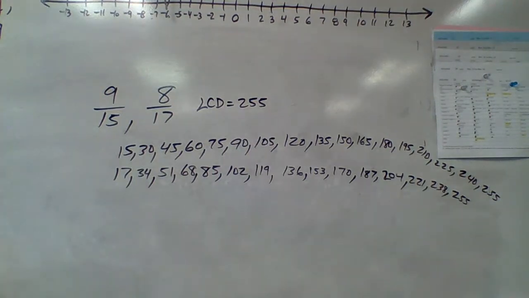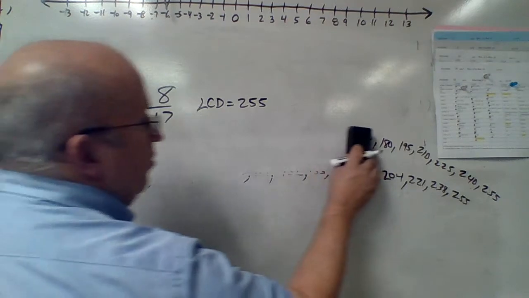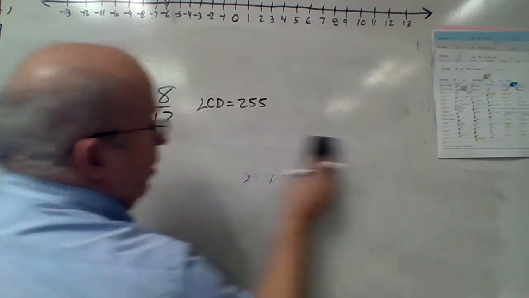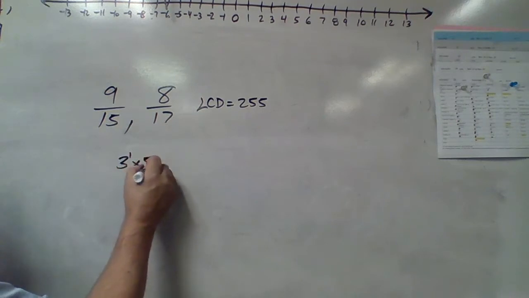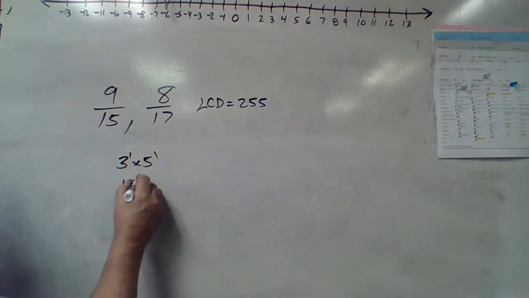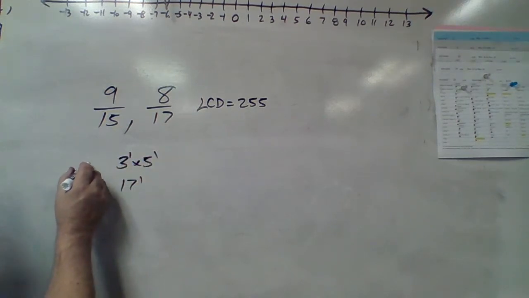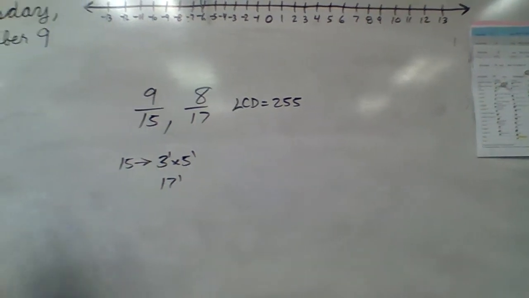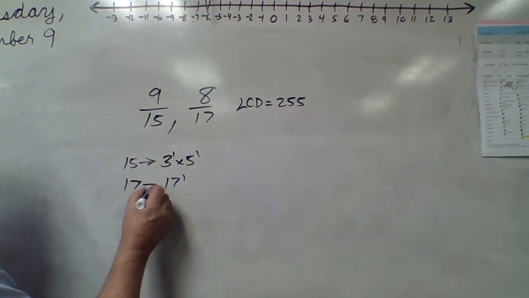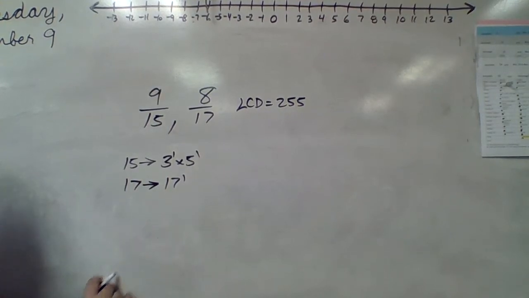Boy, I wonder if there's a faster way to find that. Let's try the other method for least common multiple. The other method says list the prime factorization of each number, including exponents. So the prime factorization of 15 is right there, 3 to the first times 5 to the first, and the prime factorization of 17 is 17 to the first.